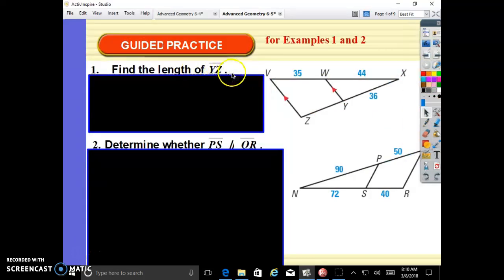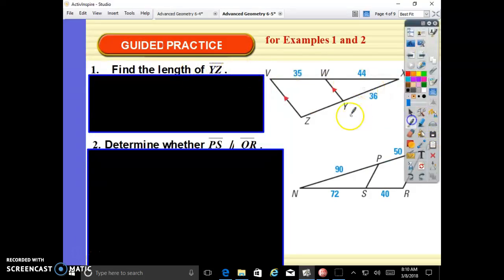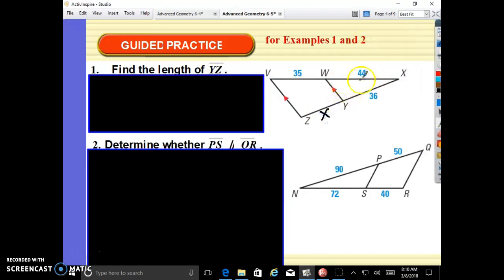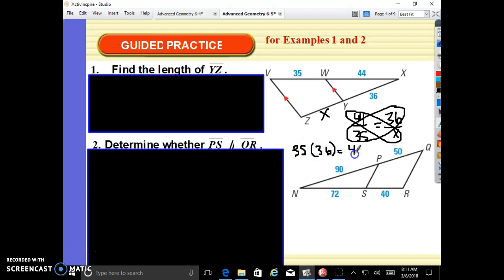Find the length of YZ. So we're looking for this right here. 44 is to 35 as 36 is to what? Cross products and solve. So we would have 35 times 36 equals 44 times X. Divide by 44 on both sides.